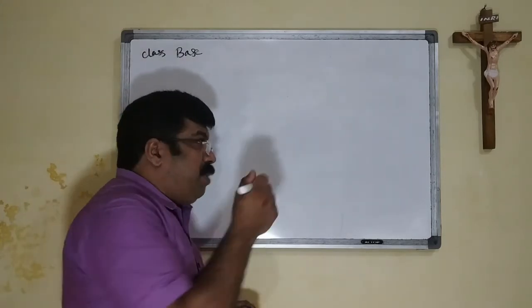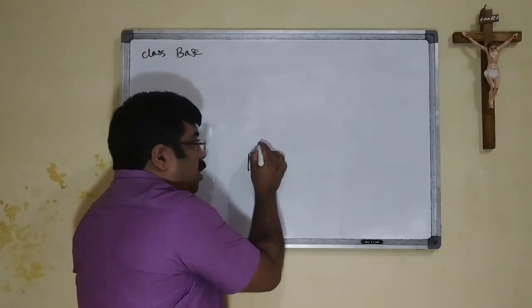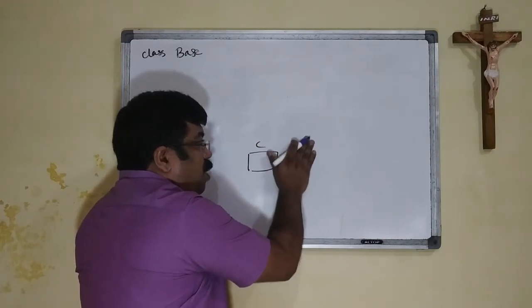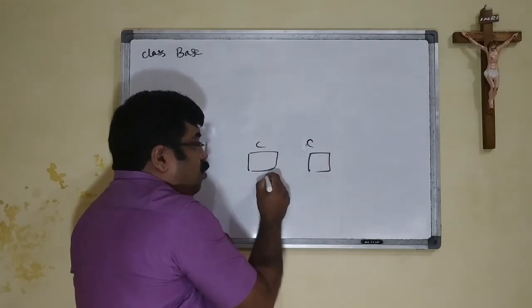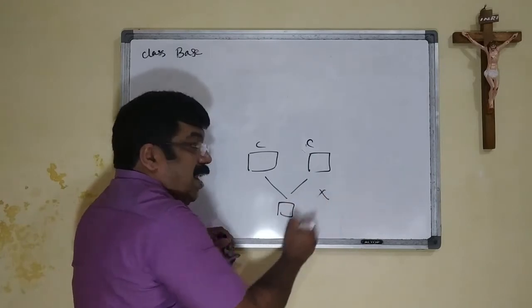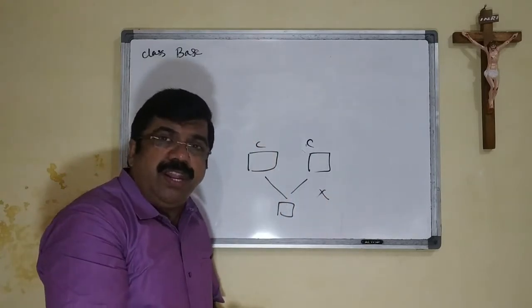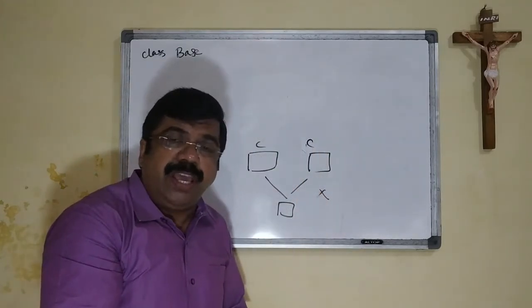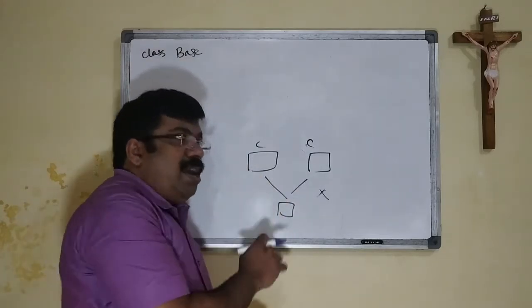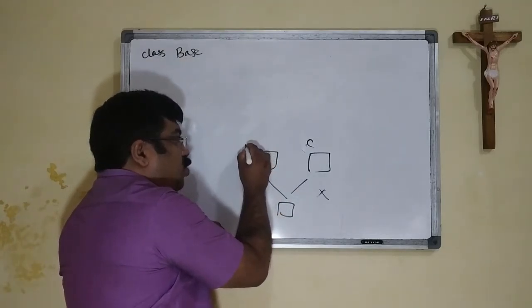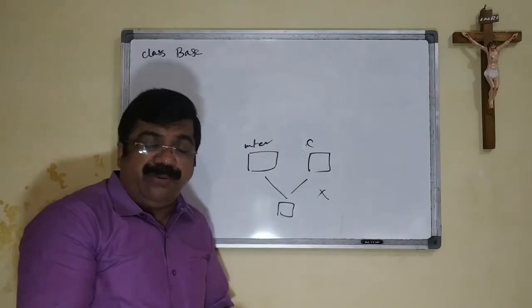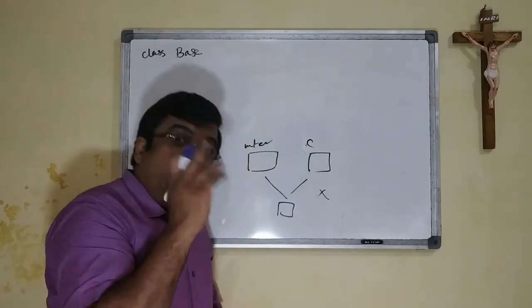Two classes cannot be there. Having two classes and a derived class is not allowed. One can be an interface, another one can be a class. Then making a derived class is allowed. That is what the question is.